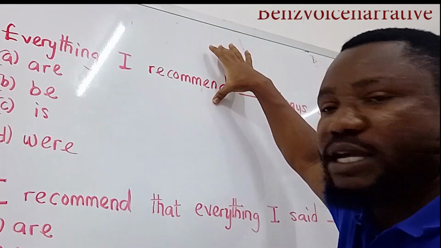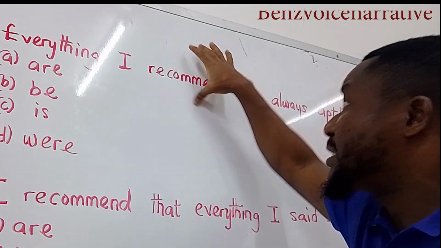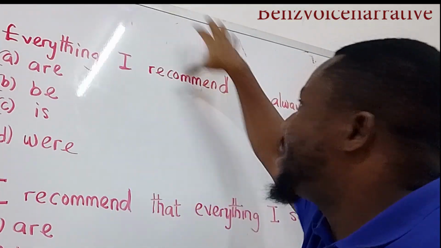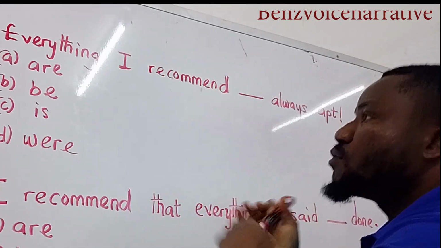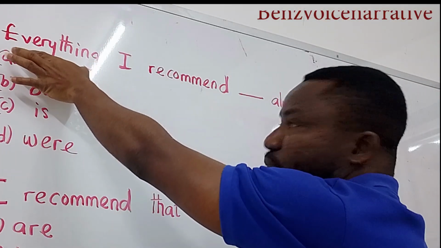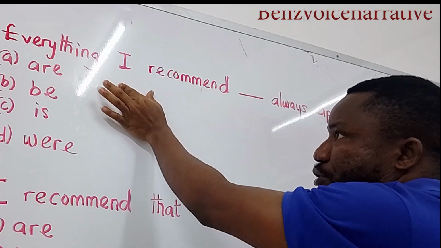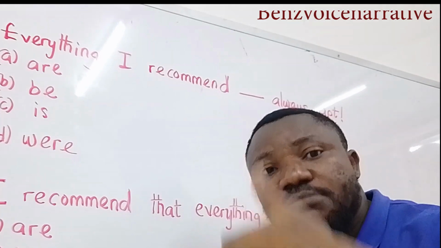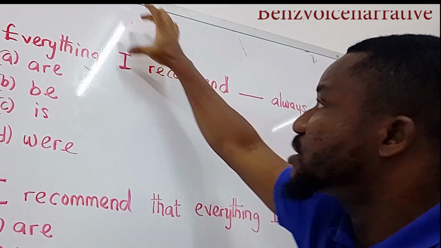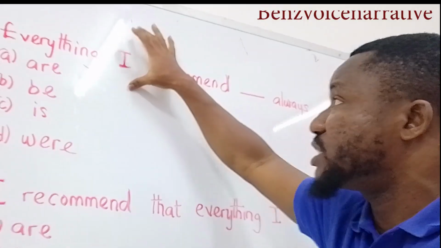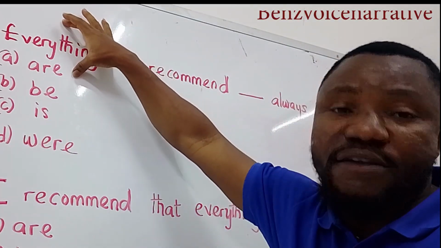Everything that I recommend, everything I recommend. Now, it is not I recommend everything. Did you see that? For this structure, the sentence begins with the object. The subject is right here. But in a structure that requires mandative subjunctive concord, you begin the sentence with the subject. But in this case, the sentence opens with everything.